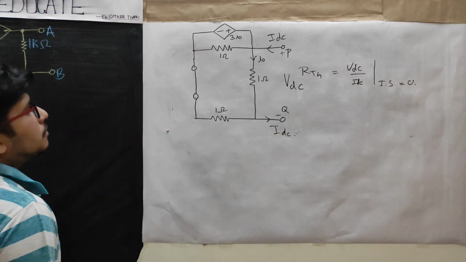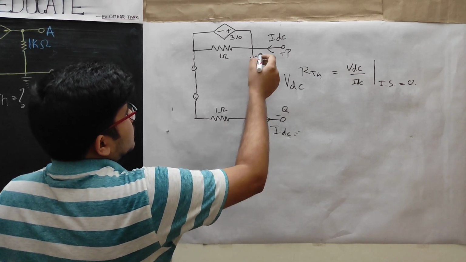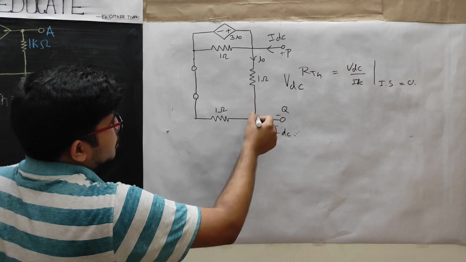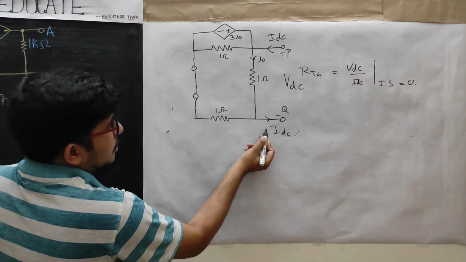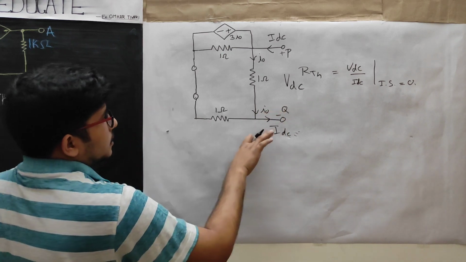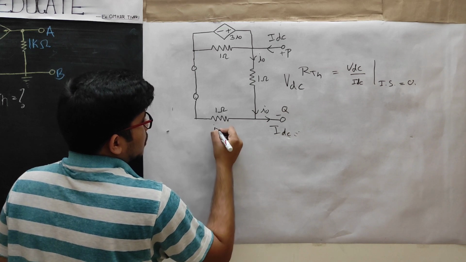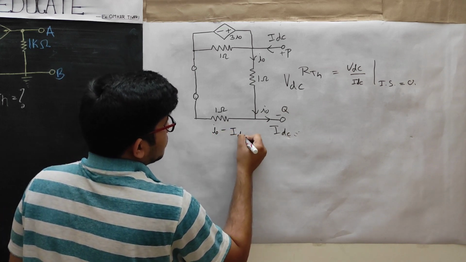Now suppose this current I naught is coming here, and we are getting IDC over here. This is I naught, and this is IDC, which means the current over here could be I naught minus IDC.